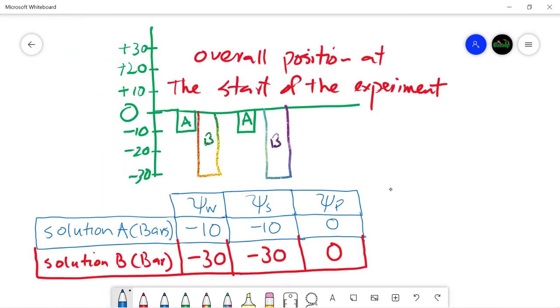Here's the graph and overall position at the start of the experiment.